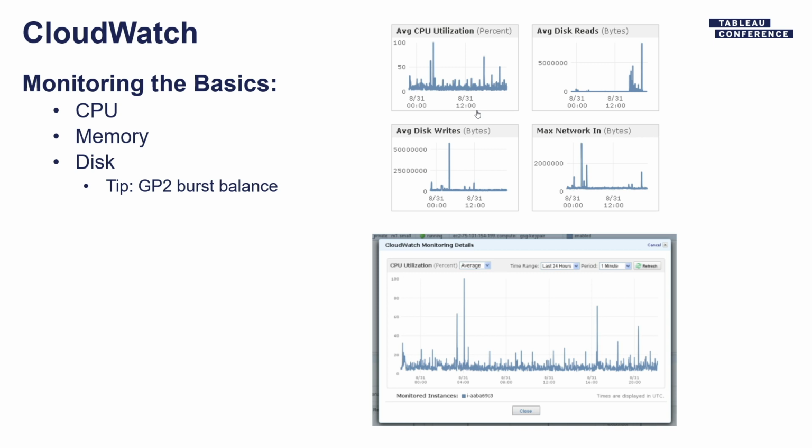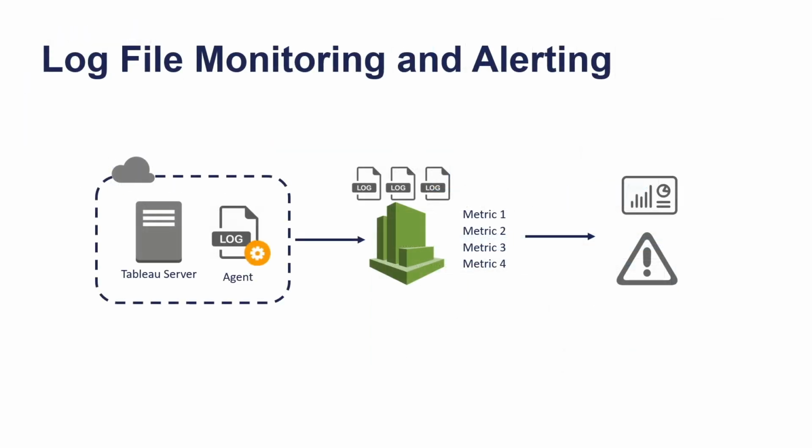But what you can do in Amazon as well is use their service for monitoring logs. So you can use their CloudWatch log agent to read logs from Tableau Server, forward them to CloudWatch, and then parse and search and build alerting and reporting around these logs.